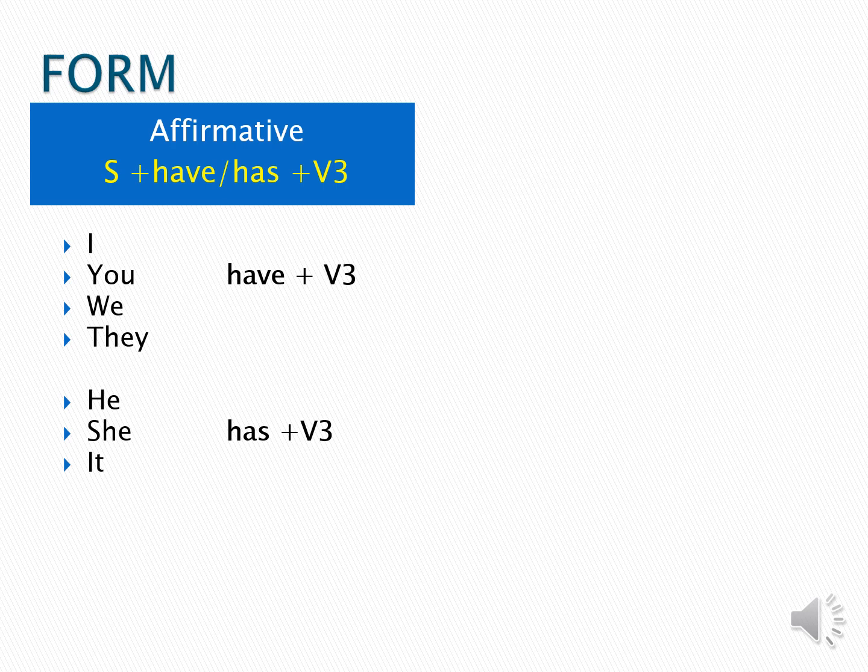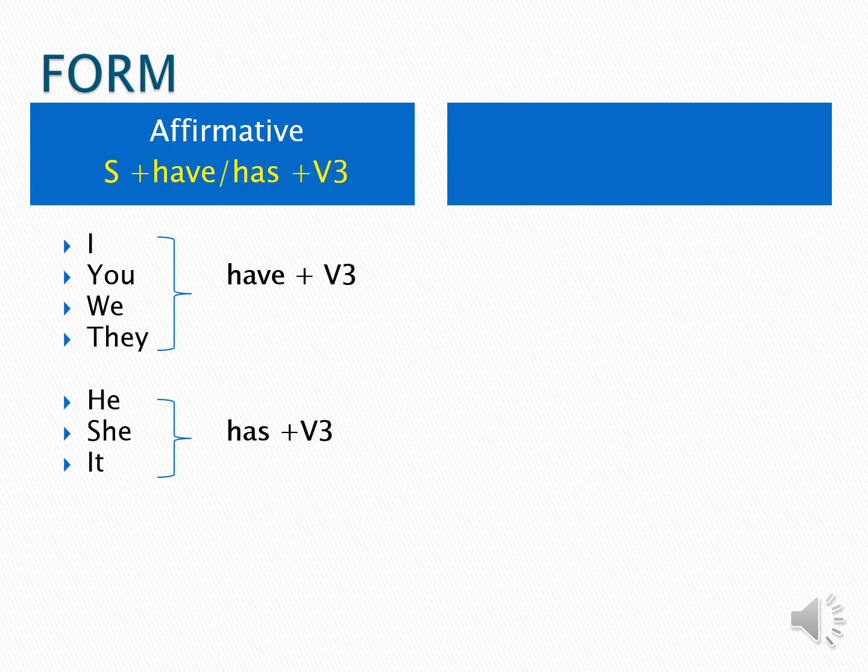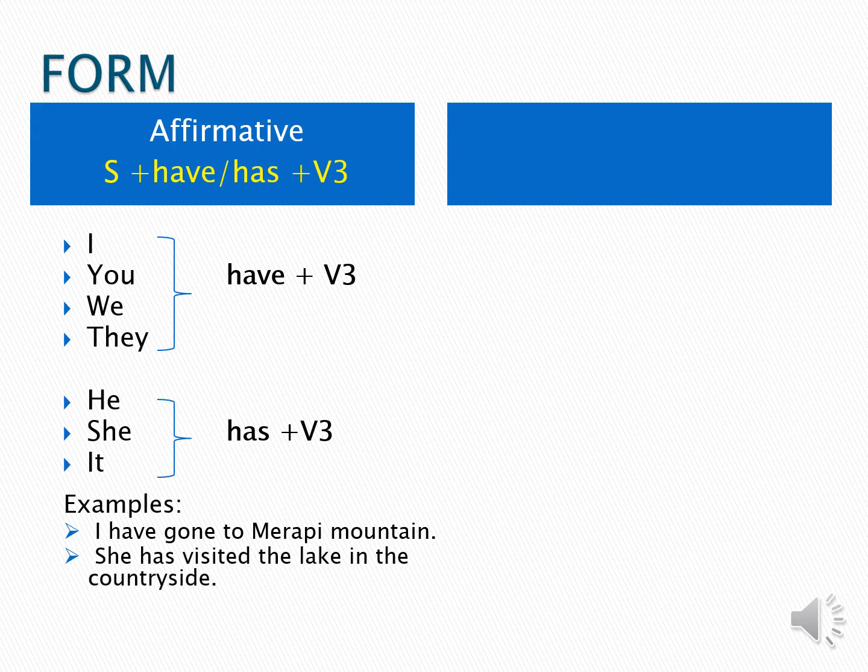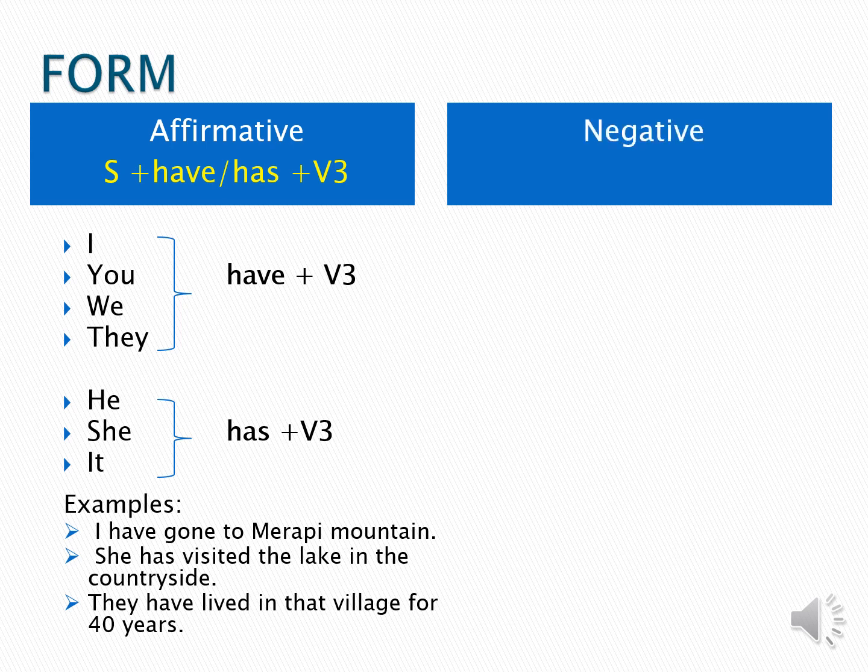Let's take a look at the examples. I have gone to Merapi Mountain. She has visited the lake in the countryside. They have lived in that village for 40 years. Those are examples for affirmative sentence.